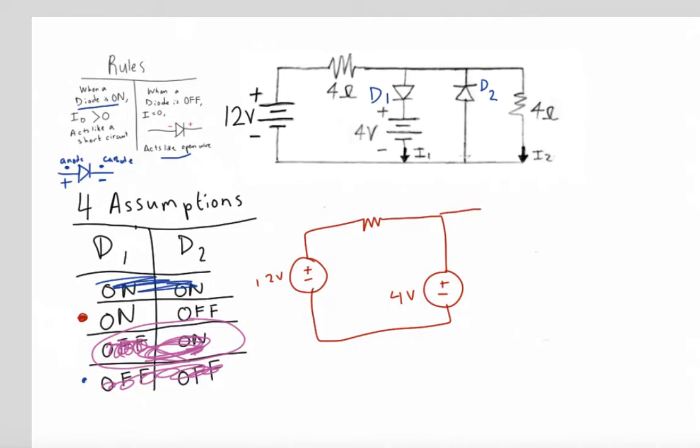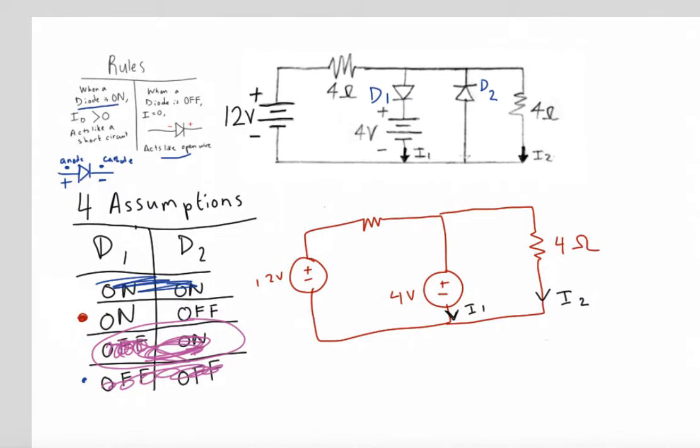And then diode 2 is off, so I'm just going to skip that because it's an open circuit. And then we have the 4 ohms. What we want to solve for is this current, I2, and this current, I1. It's the same along this branch, so it doesn't matter if I put it here or here.